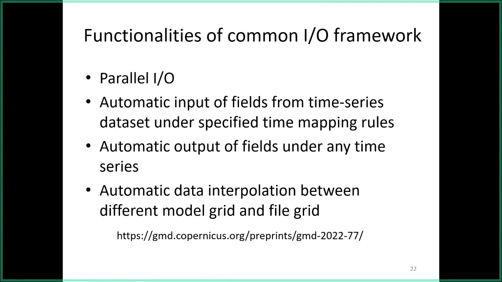And it can automatically output fields almost under any time series specified by the configuration files in XML format, and it can automatically conduct data interpolation between different model grids and the file grid when inputting or outputting model fields.